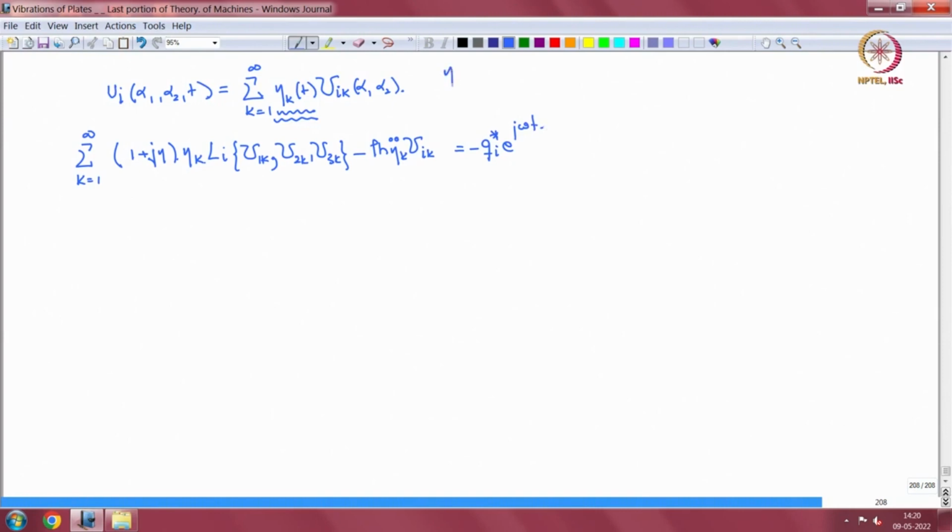Eta is the loss factor and eta_k is the modal participation factor.